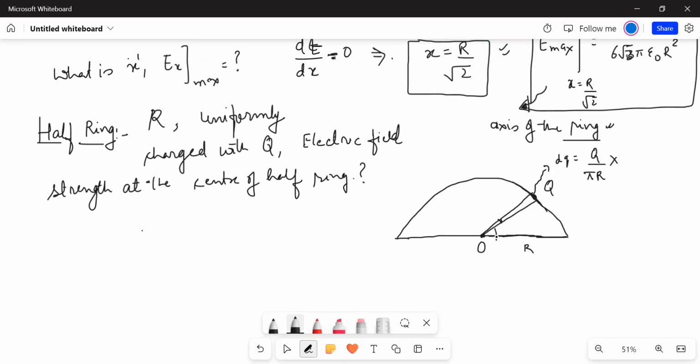At angle theta, we are assuming some angular width d theta. So the length would be simply R d theta, isn't it? Yes or no? So the charge contained in this differential length element will be Q upon pi d theta.